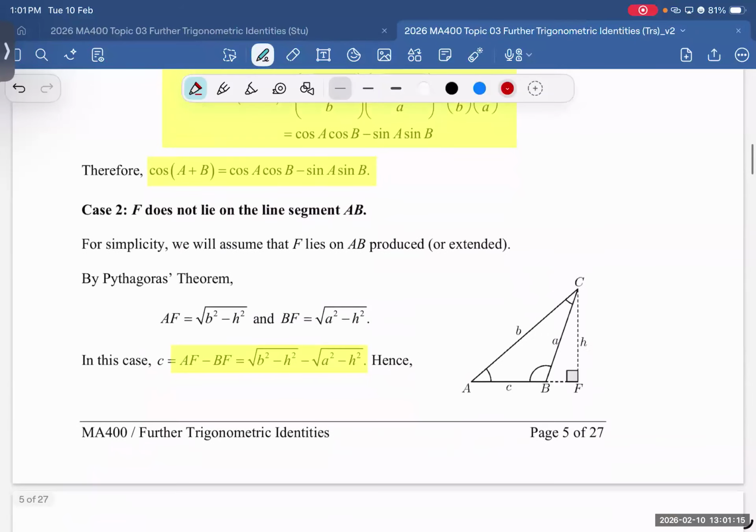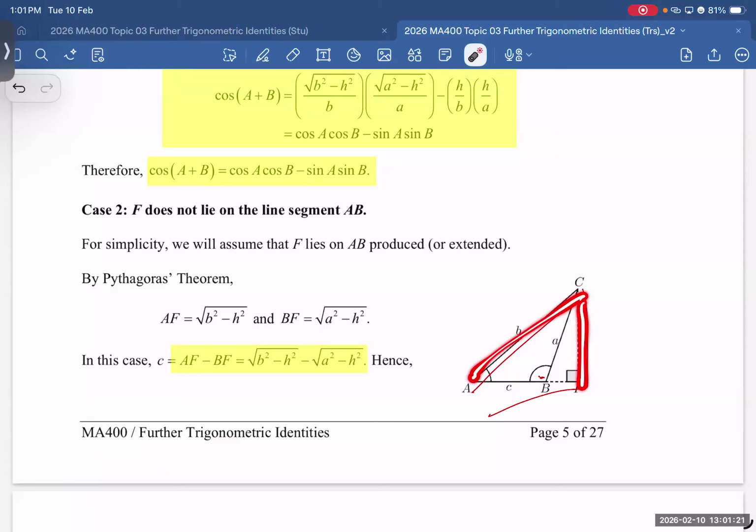Because if you look at this triangle, the b is here, but h over b is here. So you see h and b are here. If this is b, this part should be negative. This should be like cosine of this.